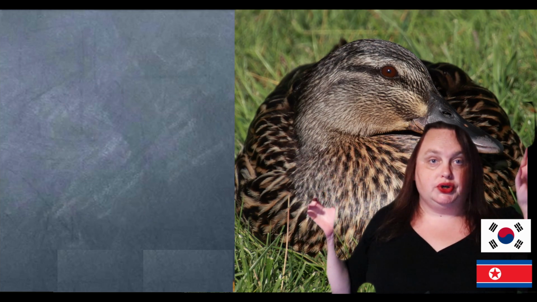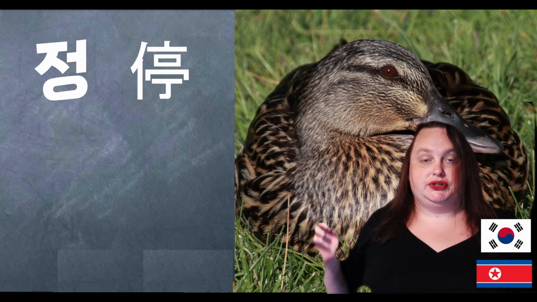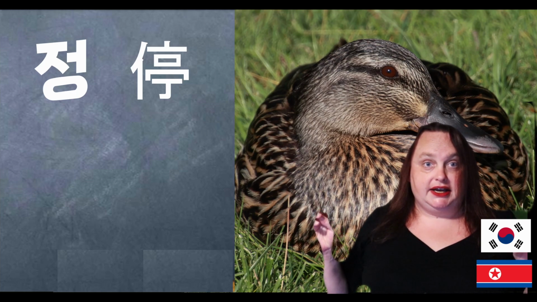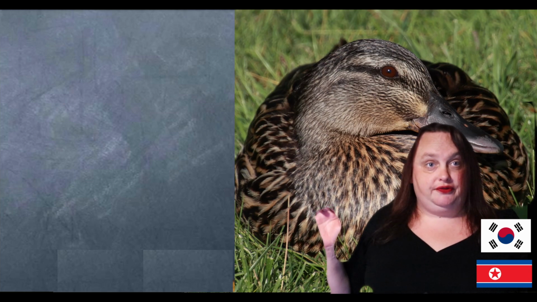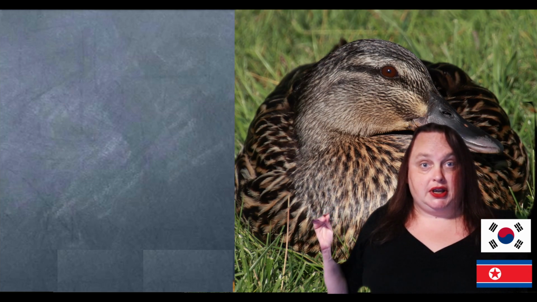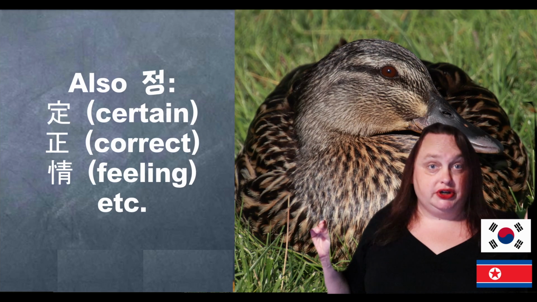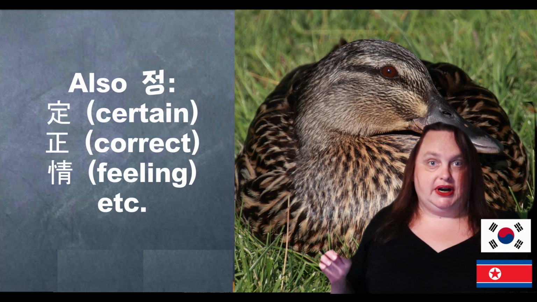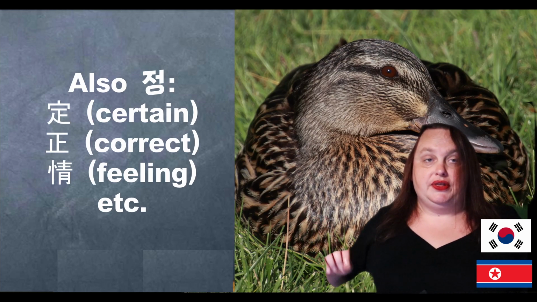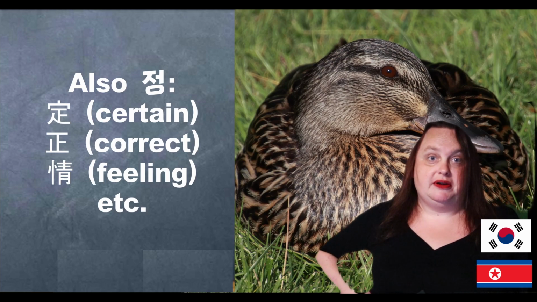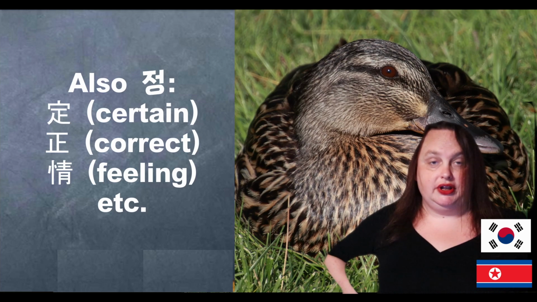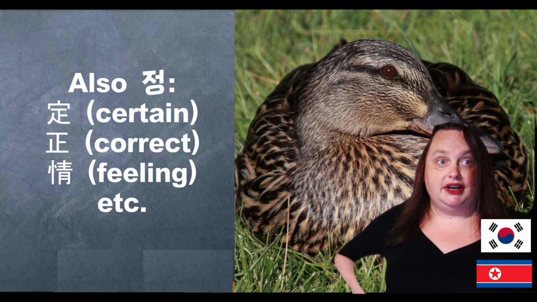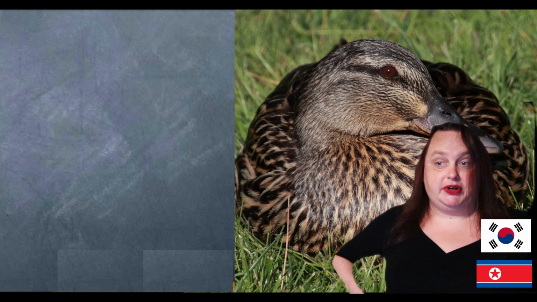The first one, jong. Remember, this is to stop. And always you need to keep in mind that there are a lot of different Chinese characters in different Chinese loanwords in Korean that are also pronounced this way, jong. And they're not necessarily going to be the same one every time. So you always do have to check with a good online dictionary like Naver or with Wiktionary to make sure that you're looking at the same character.